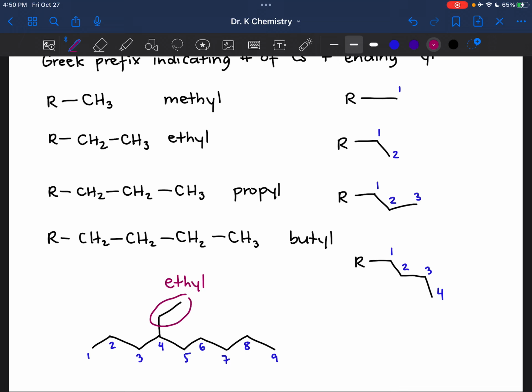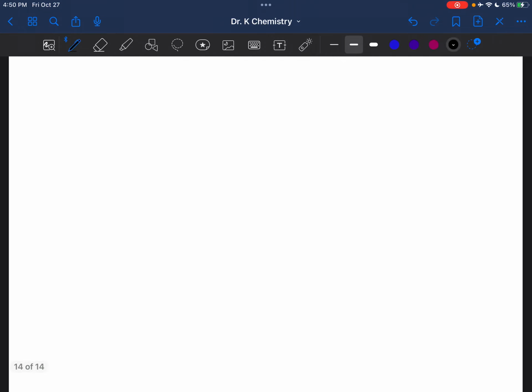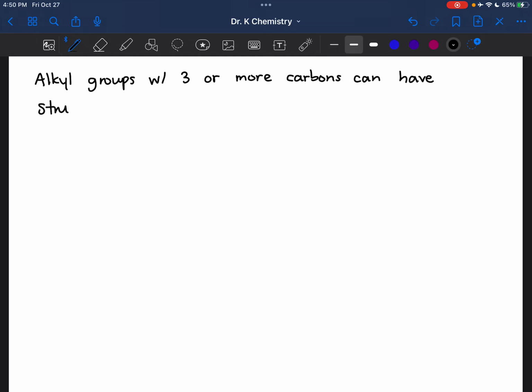Now, before I get into that, you will see that once you have an alkyl group that has more than 2 carbons, so alkyl groups with 3 or more carbons, can have structural isomers. So we can actually start to get some branching on the branches themselves.